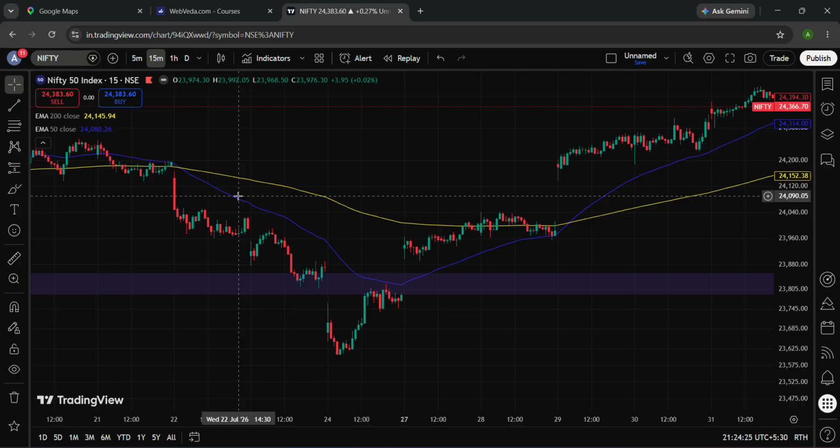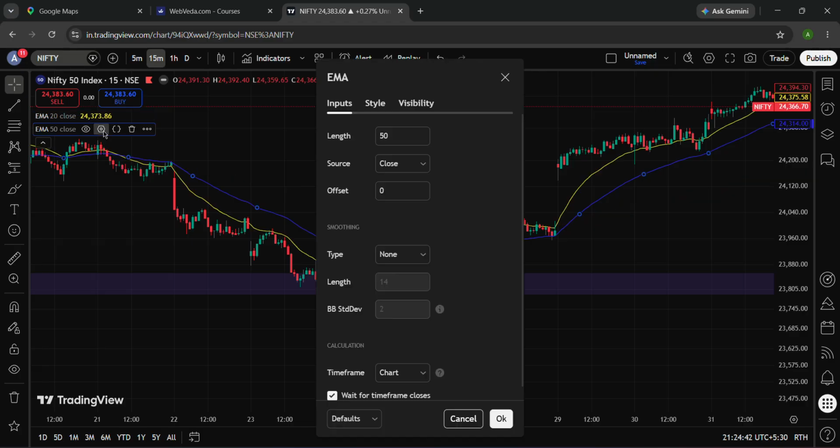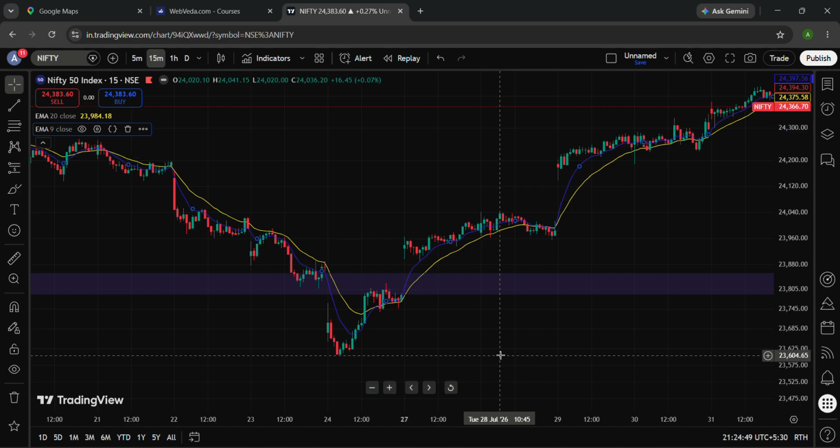That is why in the previous example we used 20. We have not used 30, because if you use 30, it becomes more like 1 month. So you have to use 20, and similarly you can use 9 here for short-term quick trades also.